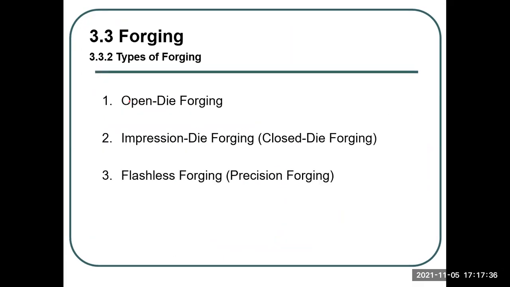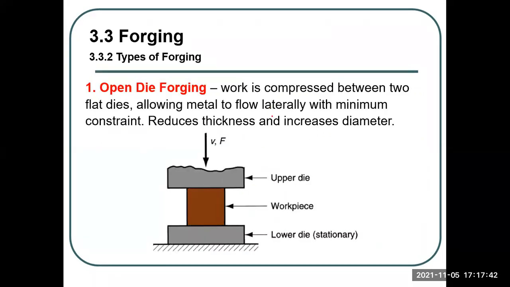Also these are the three different types: open, closed, and precision. So what are they? We spent quite a lot of time explaining this in the tutorial also, so please refer for more details to either the tutorials or the lectures.